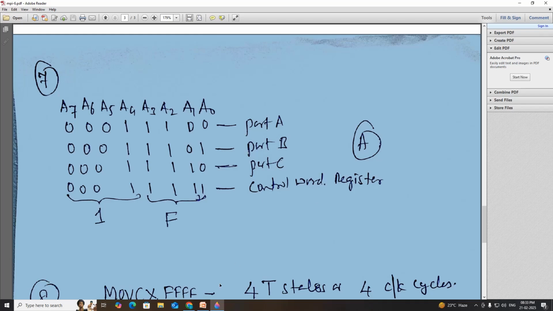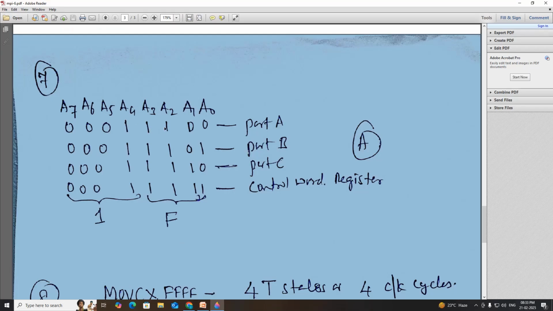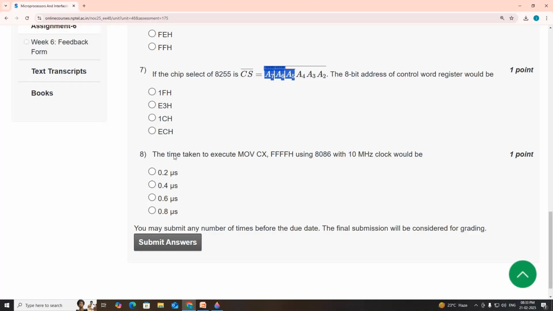So all these are the same except this one. Now they are asking for the control word register address. This is 0001, which is 1, and four 1s is F. So the answer is 1F, option A.